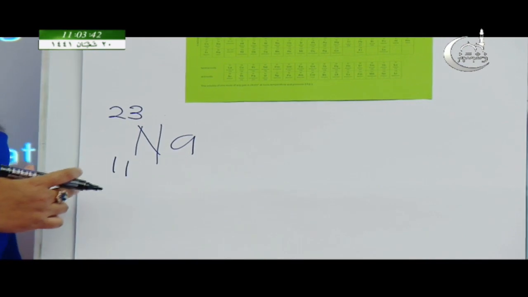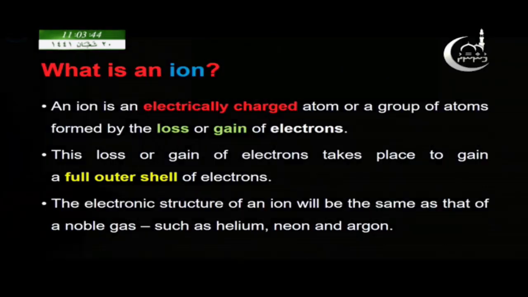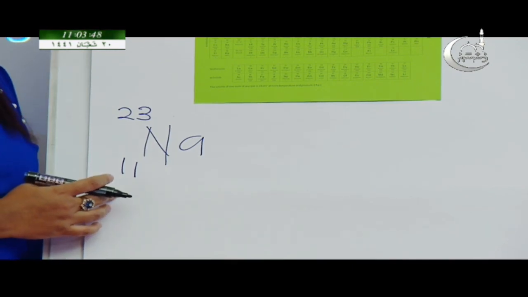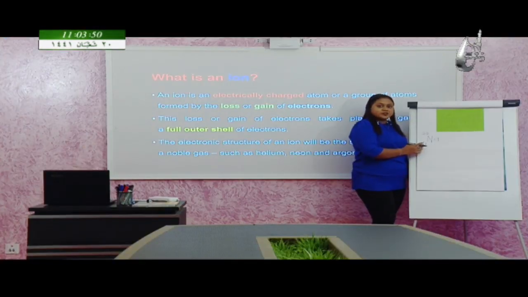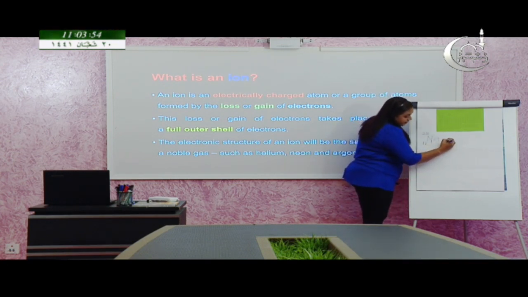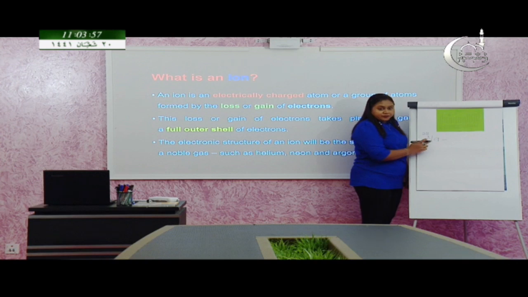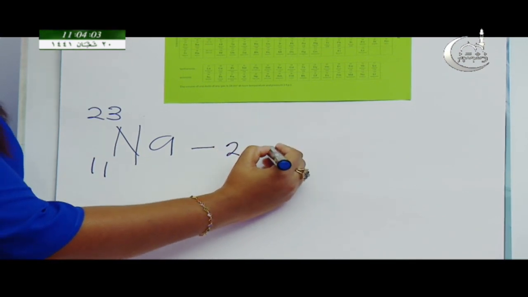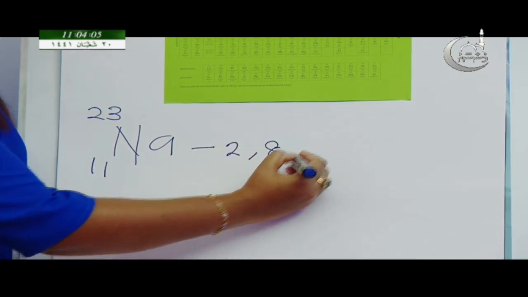To which number do we write the electronic configuration, students? Do you remember? That's right. We write the electronic configuration for the atomic number. So the first shell of sodium will contain how many electrons? 2 electrons, then 8, then 1.